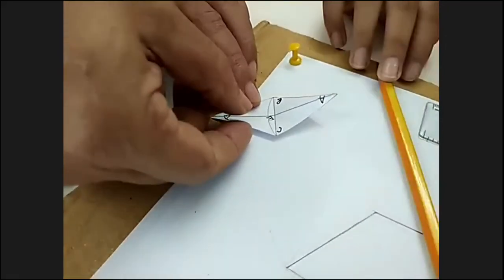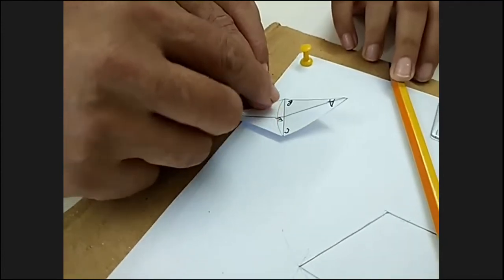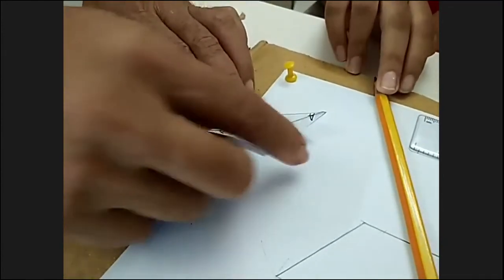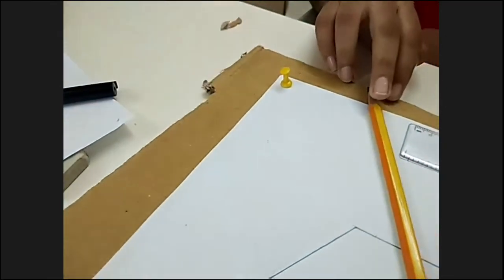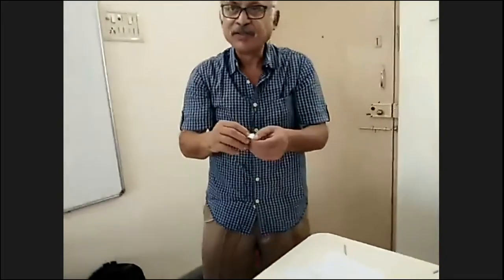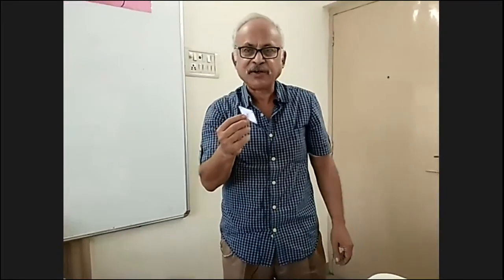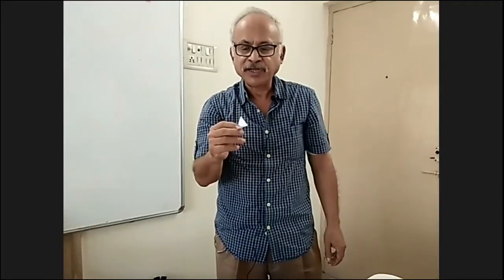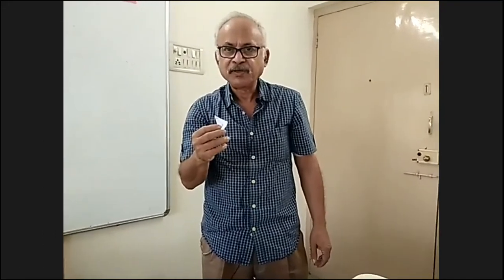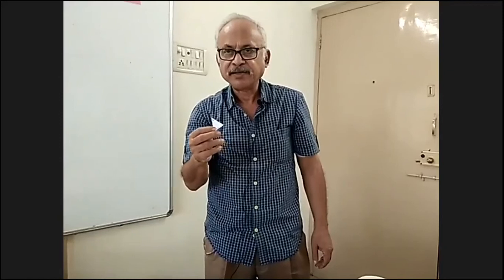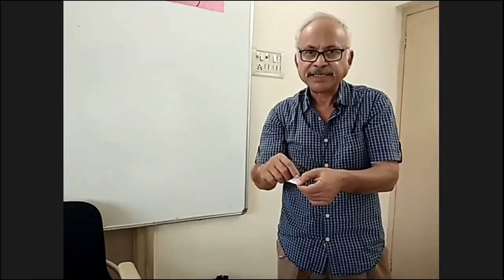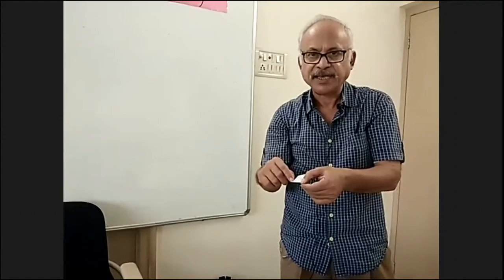They're all right angles. And E is the midpoint of BC and E is the midpoint of AD. So how much we have learned by folding a rhombus? This rhombus that Arnav has made, by folding it, we have learned many things. We have learned that the diagonal AD bisects the angle A.